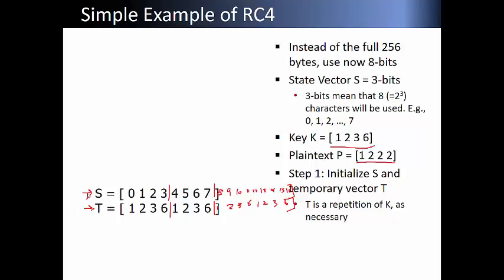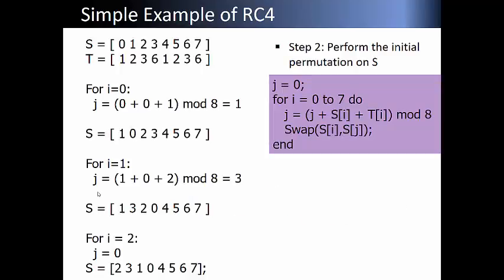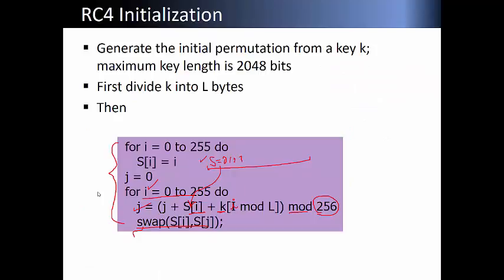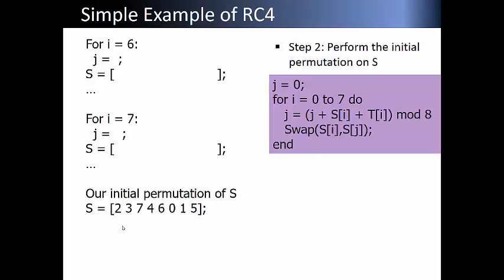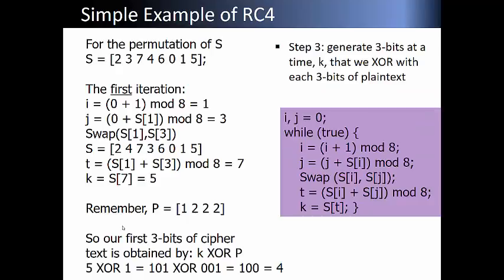Anyway, we can generate S and T initially. Any problem? No problem. So simply generate it. And this is the algorithm. That algorithm is from this part. We generate S, and this is the part.